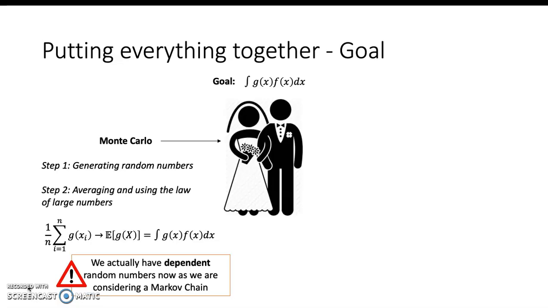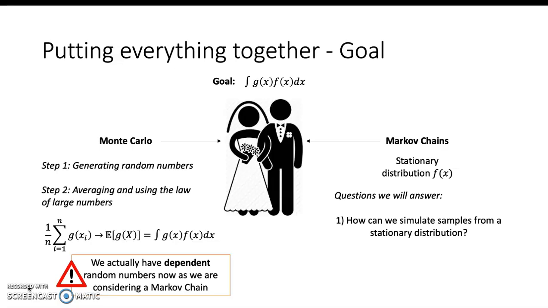So how do we get the samples of our f(x)? We will just use Markov chains and their stationary distribution f(x). And we will answer three questions in the following two videos. How can we simulate samples from this stationary distribution of a Markov chain? Secondly, how can we program the algorithm in R?